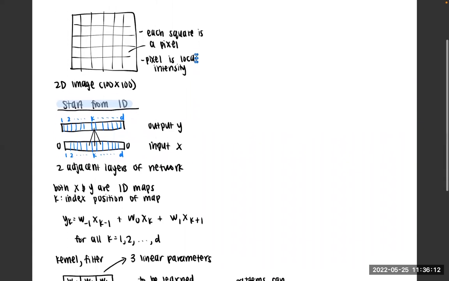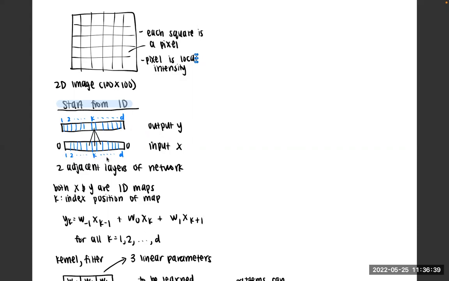But for now, let's start from the one-dimensional situation for simplicity. That is, we look at a 1D map. It's like a one-dimensional image. You can also think of this as a time series. In any case, suppose now we have d pixels in this one-dimensional map.